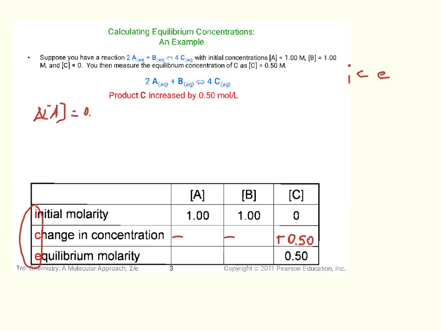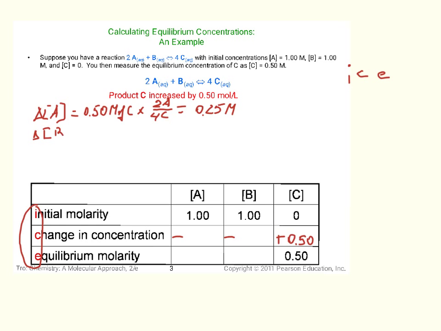So 0.50 molarity of C times stoichiometric coefficients. We're looking for the change in A, hence A has to be in the numerator: 2A over 4C. This is going to be 0.25 molarity as the change in concentration of A.